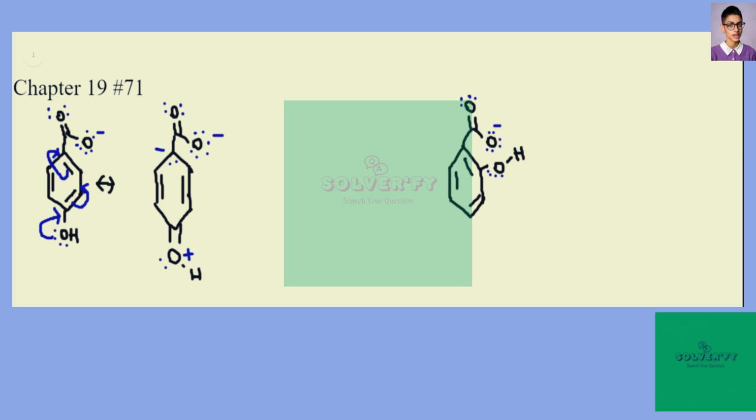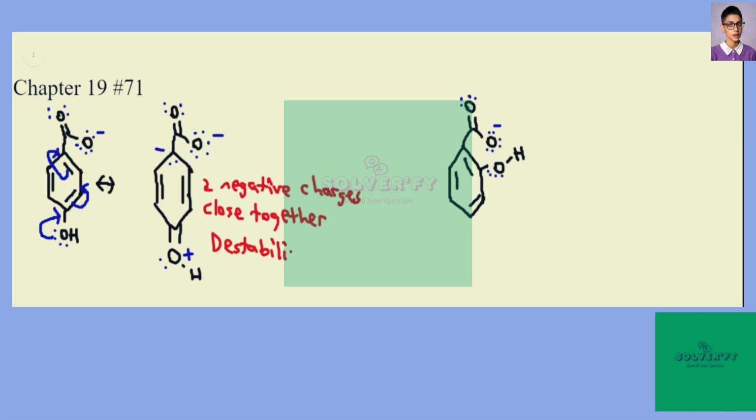And so the proximity of these two negative charges close together is going to be destabilizing.